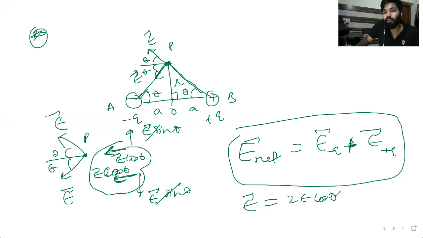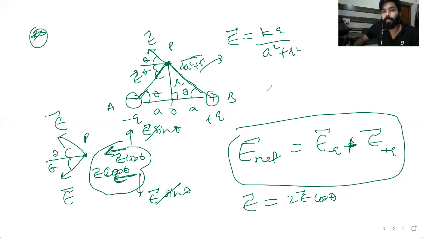Now you can write the value of E. You can find this distance as under root of r square plus a square by simply applying Pythagoras theorem, and you can write the value of the electric field due to plus q and minus q. The value will be k times q over distance square. When you square this expression, the root will cancel out and we are left with a square plus r square. And this is the value of E.